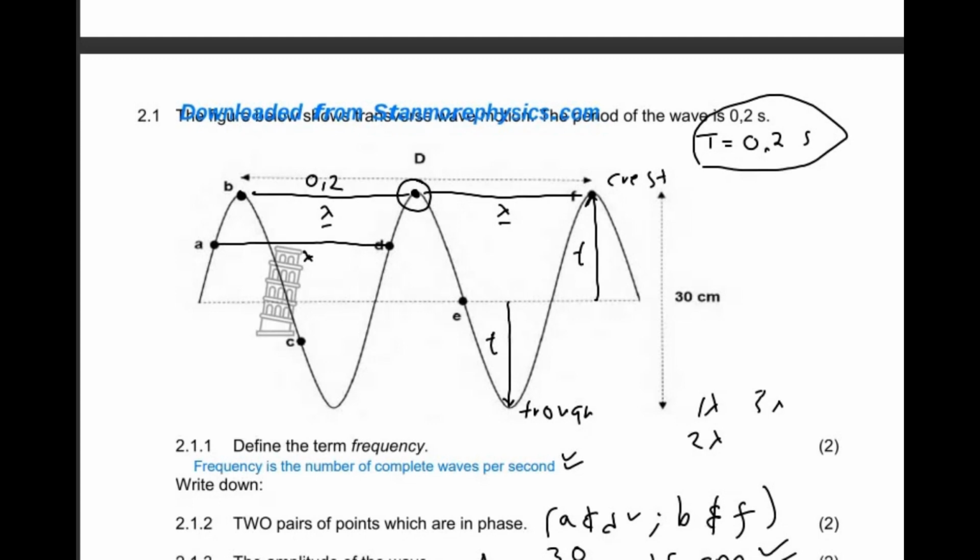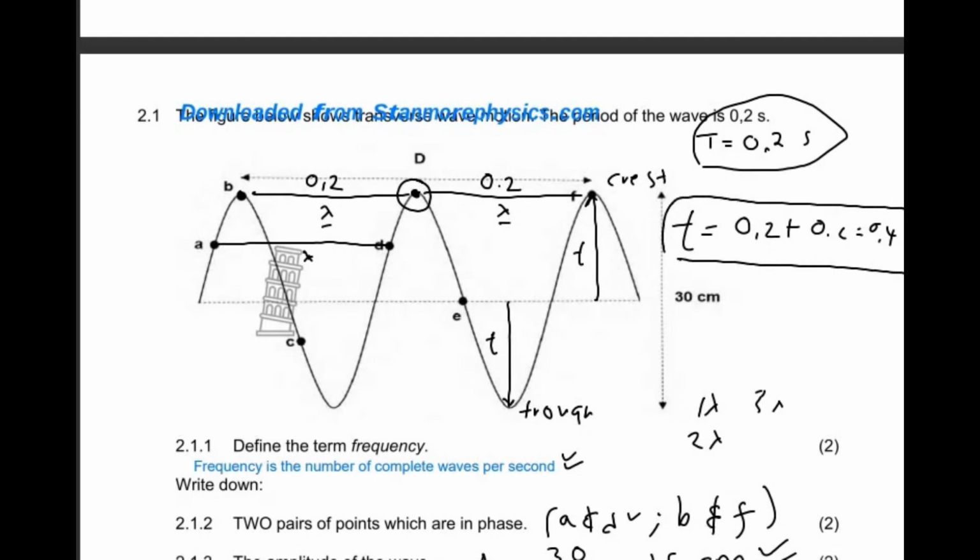But also from here to F is 0.2, because from B to F is actually the distance D. That distance D is about 2 complete waves, which took about 0.2 plus 0.2, which is 0.4. It's not necessary for you to show this step. I'm only showing it so that you understand where the 0.4 comes from.